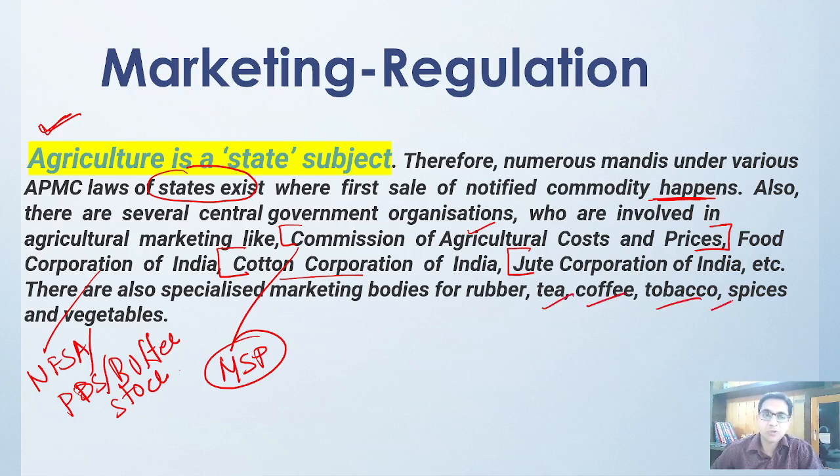Tea, coffee, tobacco, spices, all these corporations are there, which the government is running to provide support to the states. Here, the central government is providing support to states.